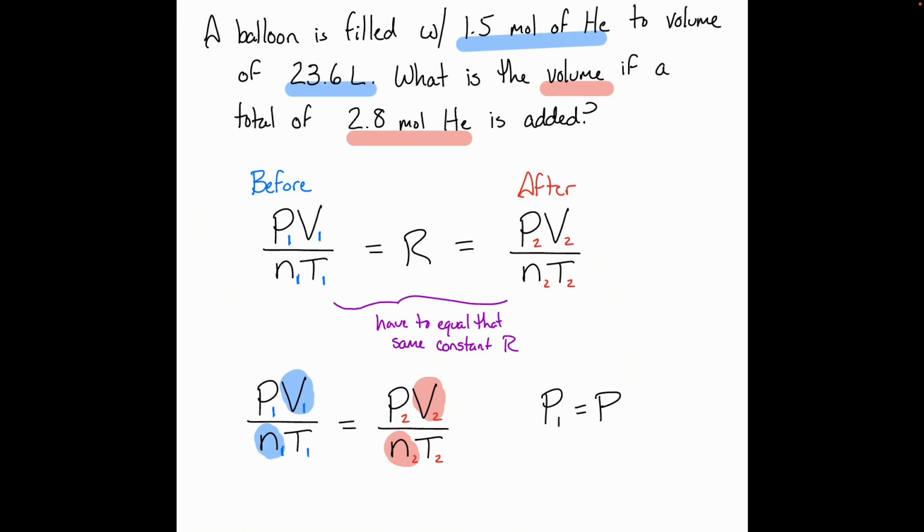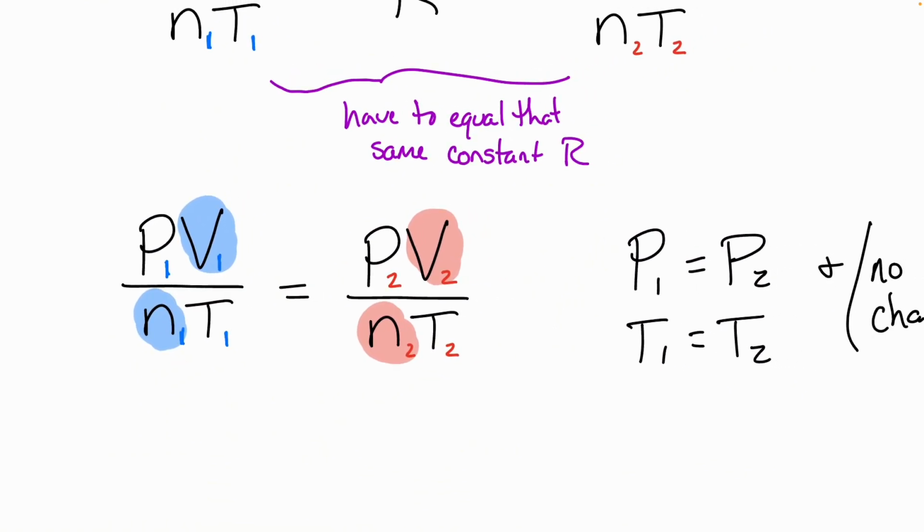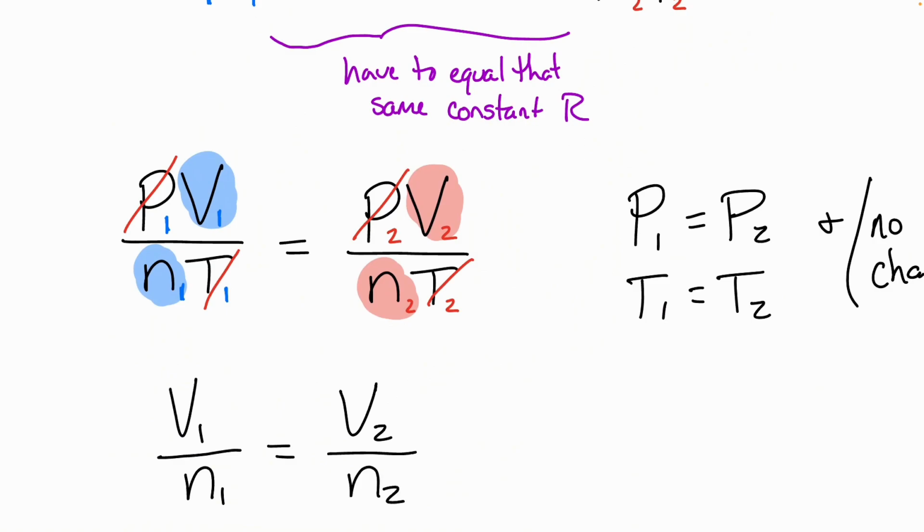So P1 equals P2, and T1 equals T2. No change. So if P1 equals P2, what can I do to my equation here? I get to simplify it. These will cross out. They're equal to one another. If my temperatures are equal to one another, they're going to cross out. So what I'm left with is just this relationship, V1 over N1 equals V2 over N2.